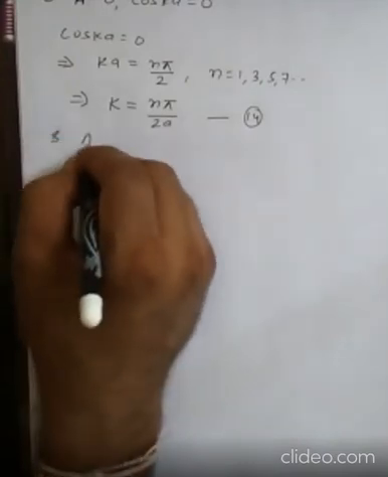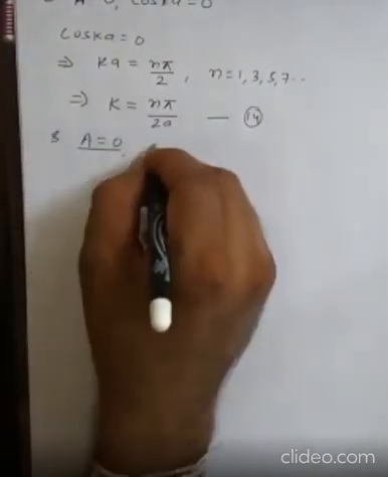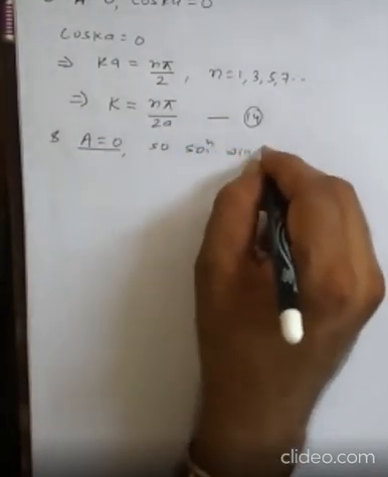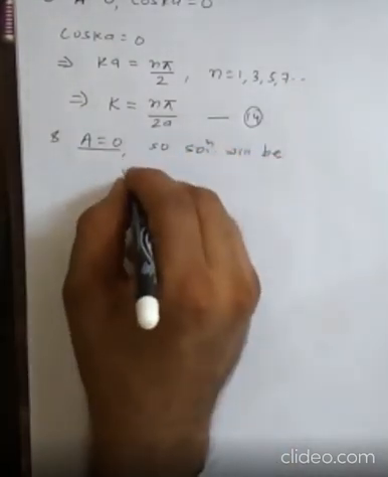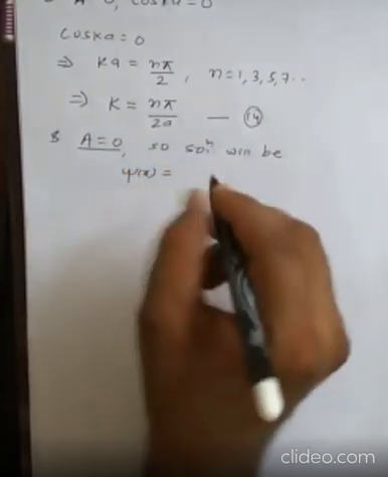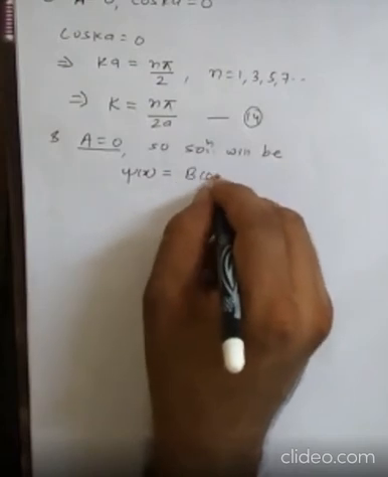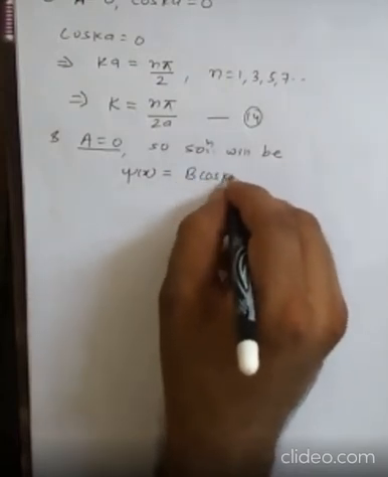And a equal 0, so the solution psi x equals a sin kx plus b cos kx, where a will be 0, so we will get only b cos kx.